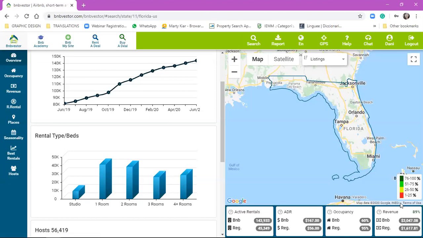And what is the additional revenue? In this case, it is the percentage, or let's say the income that you're going to have.